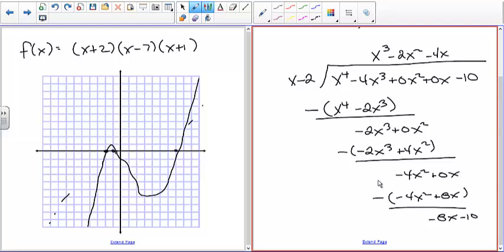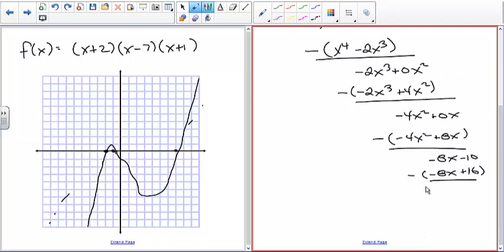What do I need to multiply x by to get negative 8x? Negative 8. So negative 8 times x is negative 8x. Negative 8 times negative 2 is plus 16. I'm really subtracting that. So I get negative 10 minus 16, which is negative 26.